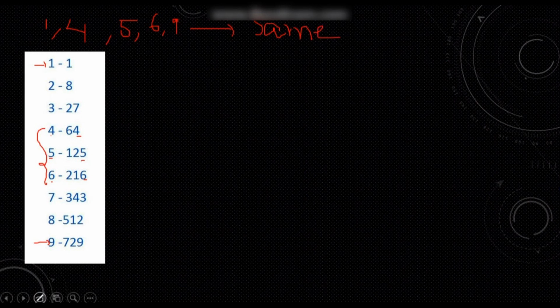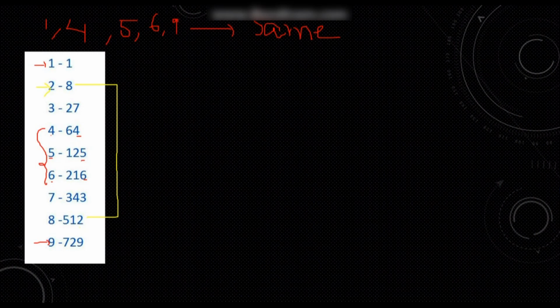Now if you see the remaining numbers, 2, 3, 7 and 8: 2 cubed ends in 8 and 8 cubed ends in 2, so they are sort of a pair. 8 is paired with 2.